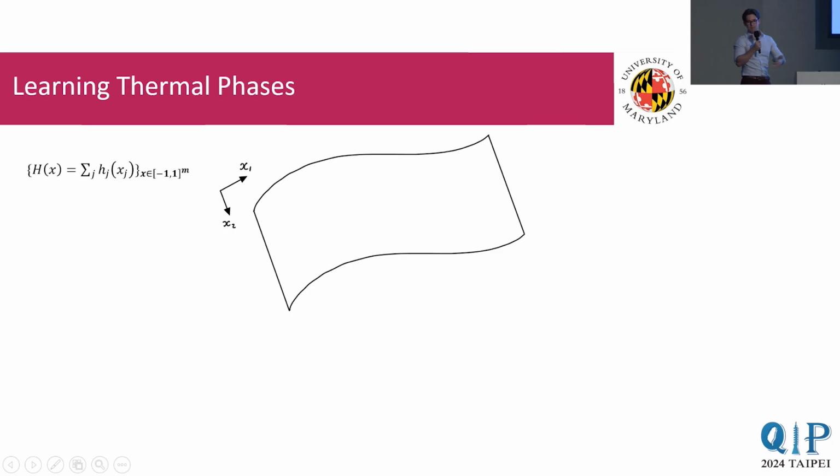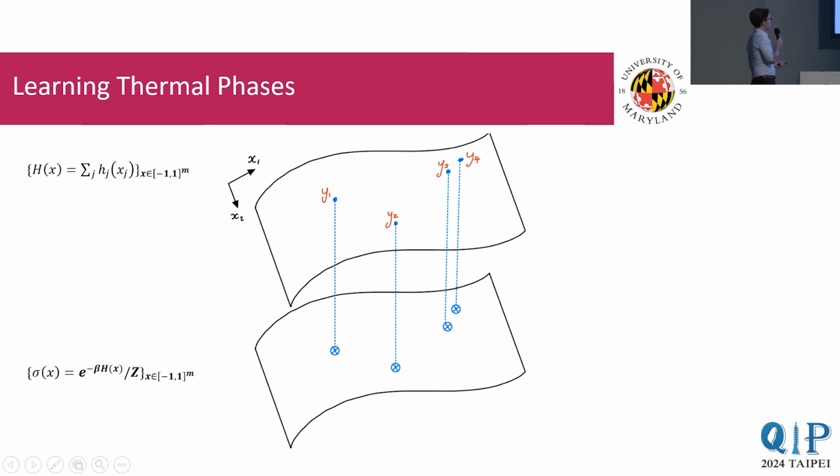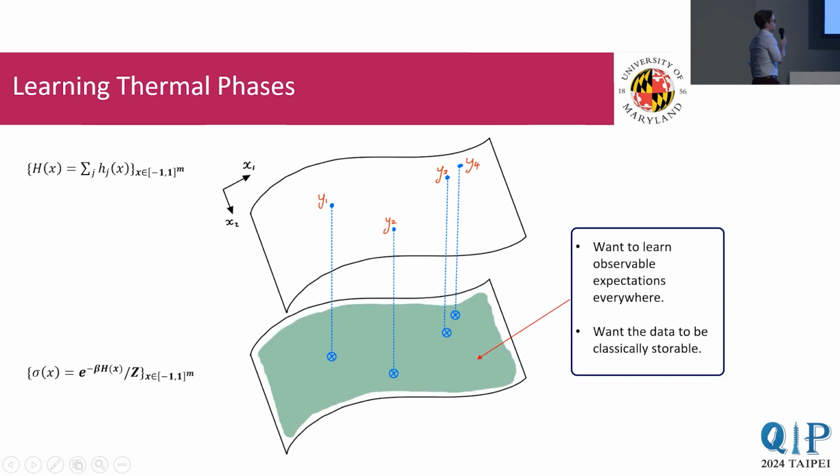So the situation that we're going to be in is something like the following. I'm going to have a Hamiltonian, and it's going to be parameterized by a bunch of parameters, let's say m parameters. And this is some sort of configuration space of parameters. And we know that for each point in this parameter space, there's going to be a corresponding Gibbs state, kind of mapping down. And the task I'm going to be interested in is, I'm going to give you a bunch of samples, these y1, 2, 3, 4, or however many samples you want.